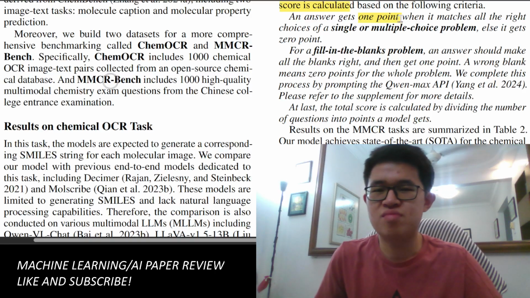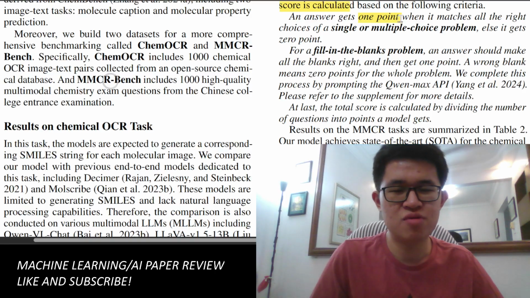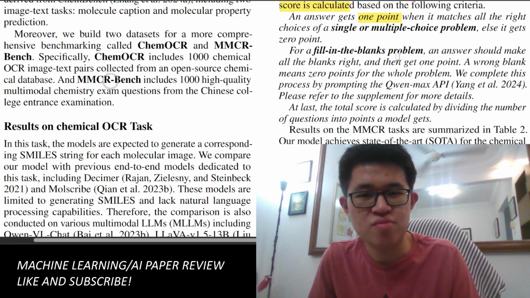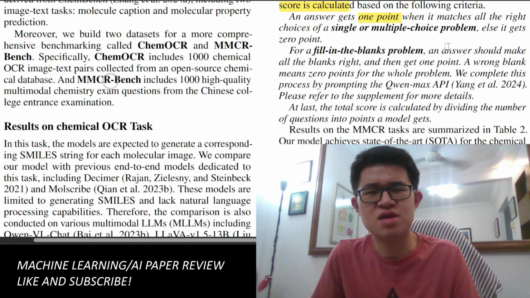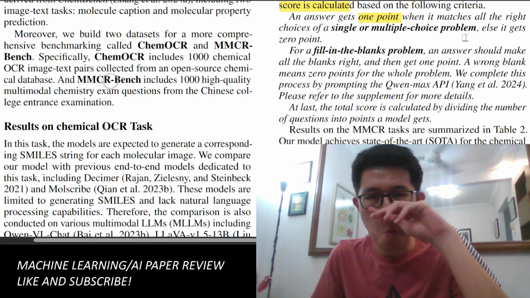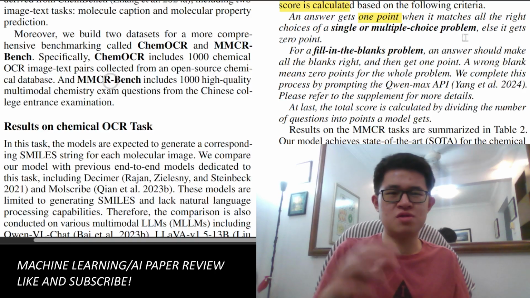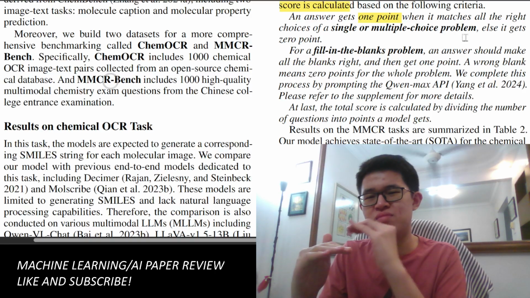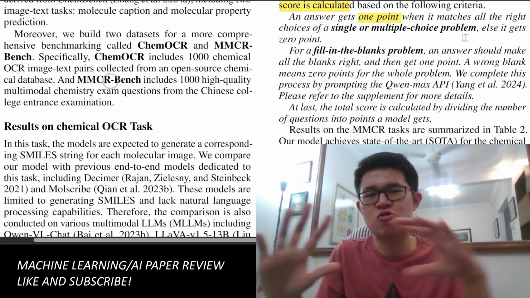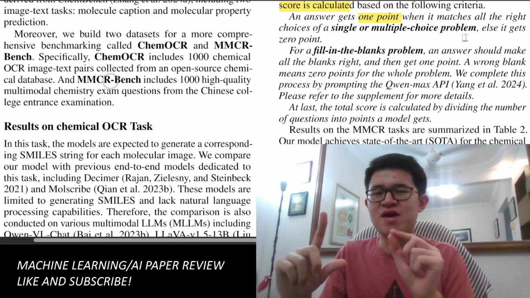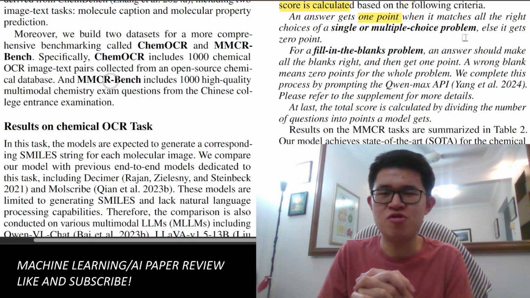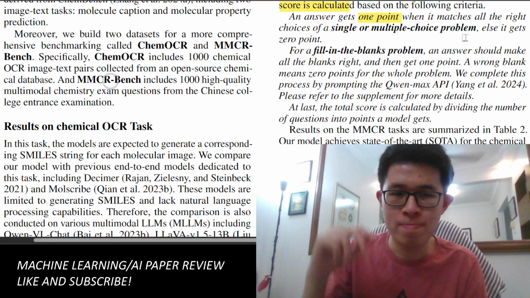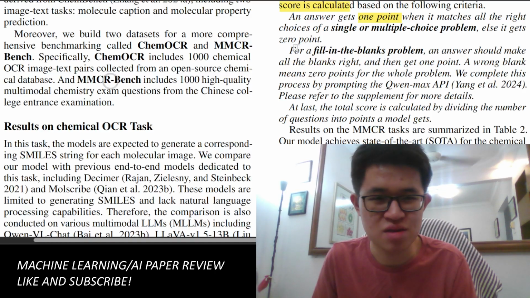For a fill in the blanks problem, an answer should make all the blanks right to get 1 point. So essentially, if you have multiple blanks in a single question and you get one of those wrong, then you get no points at all. That is pretty stringent.